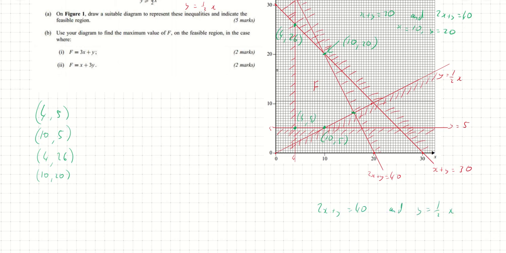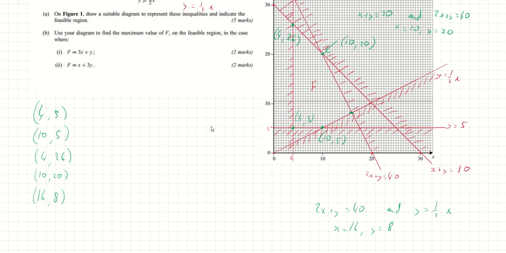Again, they're simultaneous equations. We can solve them by substitution, or however you like to solve simultaneous equations. But combine these two, you get x equals 16 and y equals 8. Yep, that works. So this is 16, 8. So these are the 5 points that we have to check.